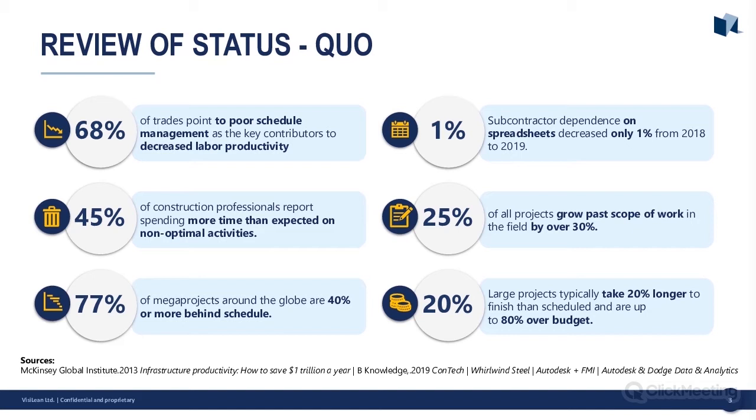To be 80% over budget on some of the projects we're seeing at the moment could be tens of millions, hundreds of millions. And even on a smaller project, to be 80% over budget and to run over time could be really horrific for a small company. You could go bust if you're a smaller company living job to job. So we need to get better at utilizing the tools that are out there and becoming more efficient.